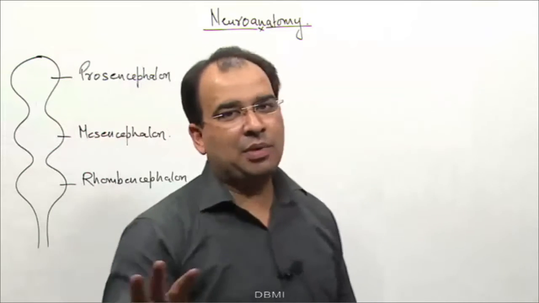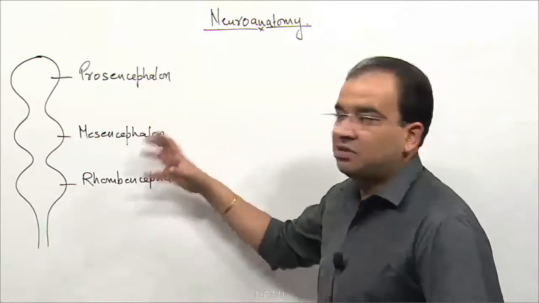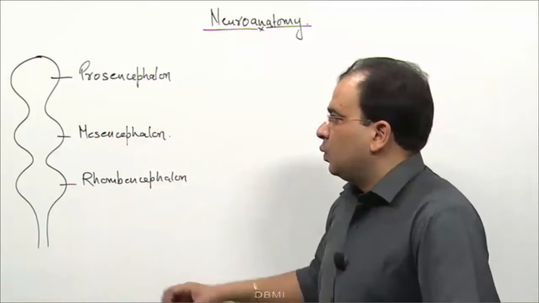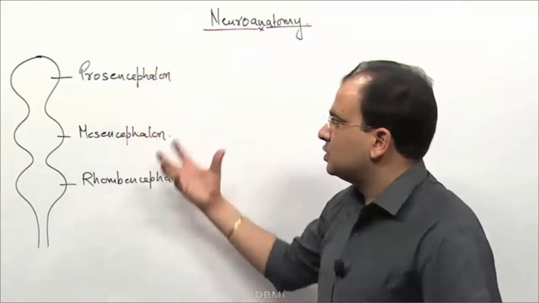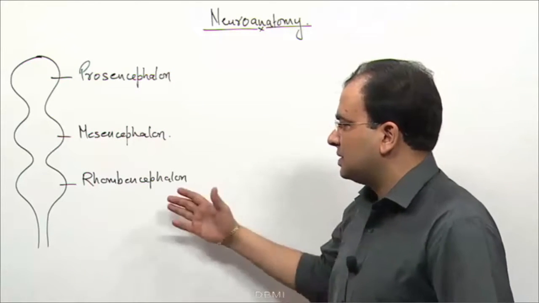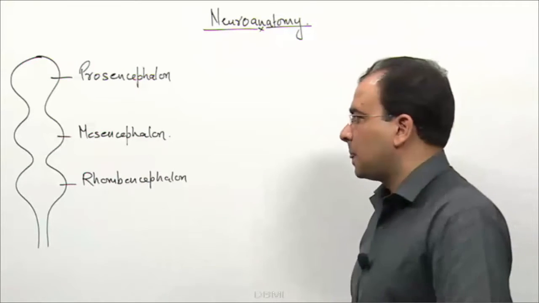Now these are the primary brain vesicles. You are looking at the cranial end of the neural tube, which is forming these three dilatations which are called the prosencephalon, mesencephalon and rhombencephalon.